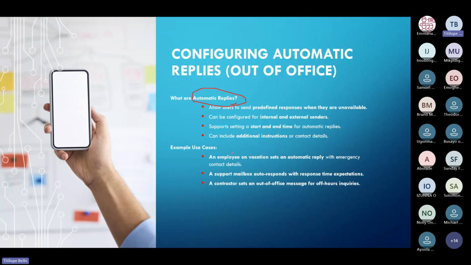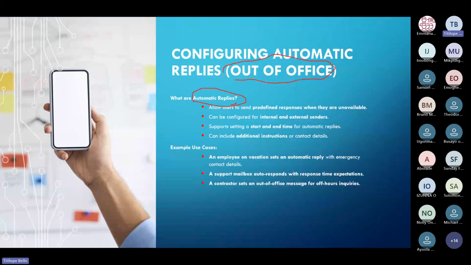Another use case is when an employee is going on leave. Even if it's a short leave, the fact that you won't be around to reply to your customer or attend to them, so that somebody else can attend to the customer in your absence, right? You will configure an automatic reply, out of office.